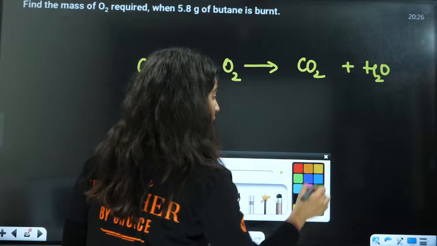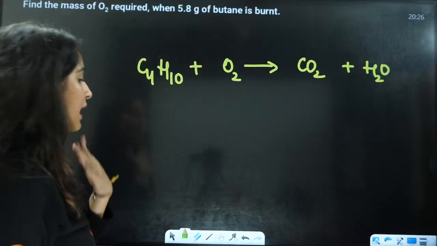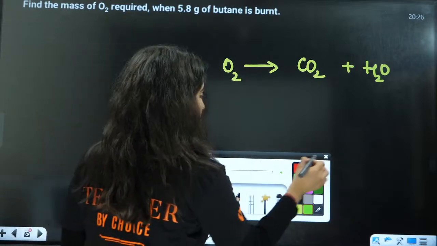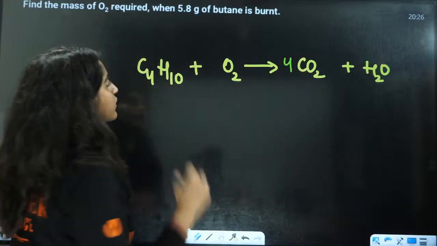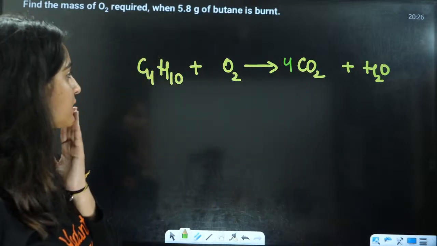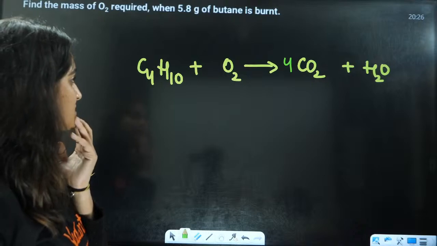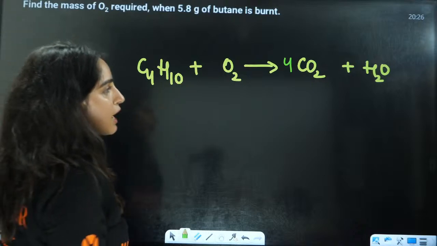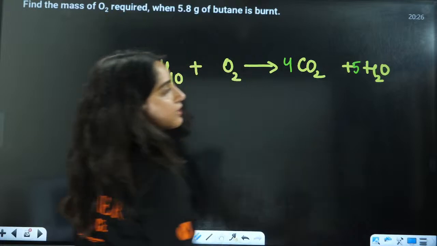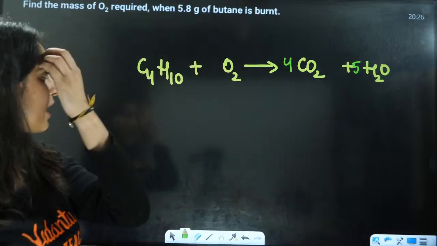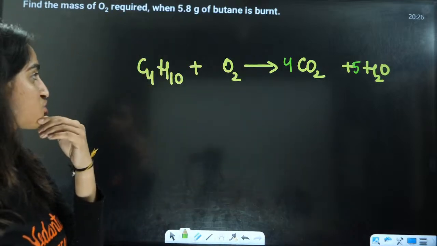Firstly, let us balance the carbon atoms here. This is having 4 carbon atoms. Now let us balance the hydrogen atoms. These are 10 hydrogen atoms. This is simply by hit and trial method. So now let us balance the oxygen atoms here.